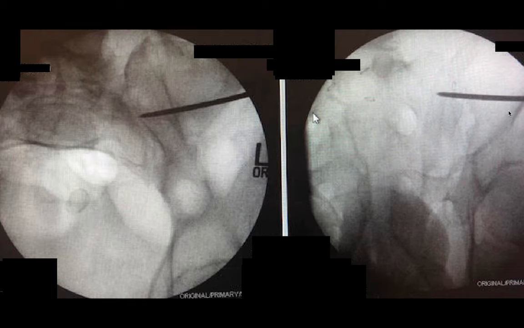Now, the angles are typically exaggerated when you have a case of sacral dysmorphism. So you see my guide wire going here, kind of heading this way, and when I do this, I tap the guide wire a little bit into the cortex, because I find that firing the threaded guide wire makes it go wherever you want it to, and it slips, and sometimes it just completely comes off the bone. So not exactly the greatest thing in the world.